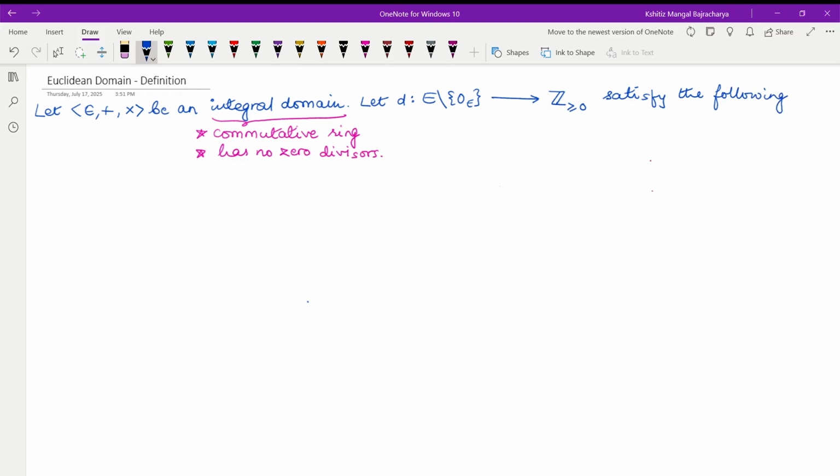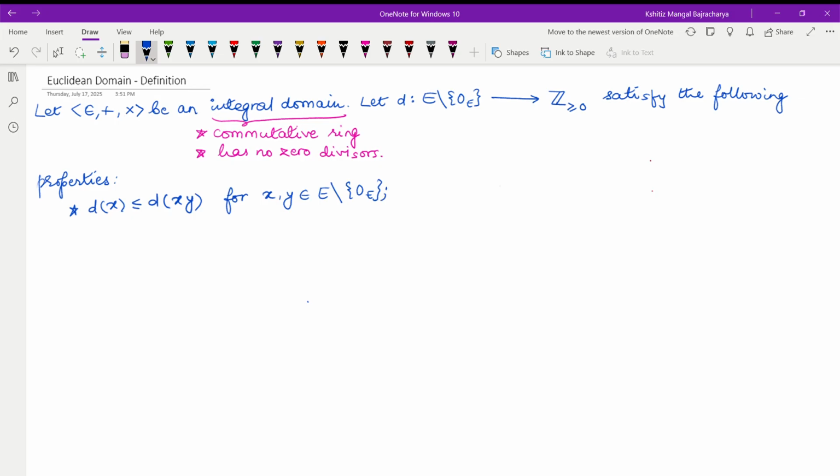The first property is that for every non-zero elements x and y in E, we have the inequality d(x) ≤ d(xy), for xy belonging to E minus 0_E.